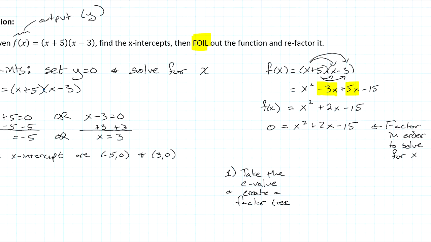So I'm going to take negative 15, and I'm going to note that this could factor as 1 and 15, or 3 and 5. And one of them has to be negative and one has to be positive, because this is a negative here, and we want them to add up to a positive 2.